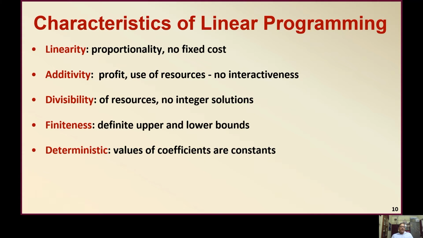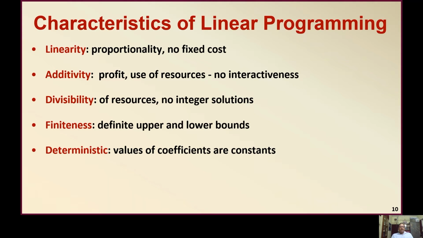The first characteristic is linearity. What is linearity? Linearity essentially means moving in a straight line. That means things are proportional to one another. For example, suppose the objective function is maximize z = 2x1 + 3x2. First of all, you observe why it is linear: there are no higher order terms.